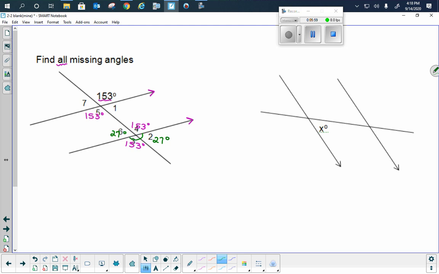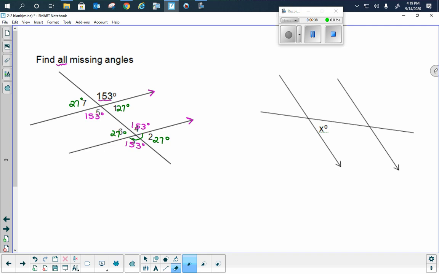Just for practice, we could say angle 2 and 1 are corresponding, and since the lines are parallel, this would be equal to 27 degrees. We could say angle 2 and 7 are alternate exterior, and since the lines are parallel, these would both be equal to 27 degrees. But you could also just do all the straight angles, subtract from 180, and so on and so forth. So every single one of those angles should be filled in on a problem like this when it says find all the angles. We're being very literal.